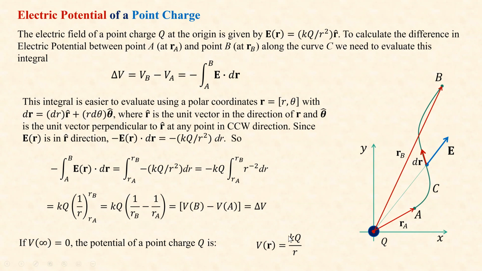And you see that for any point, V at any point R is KQ over R. It means that it only depends on the distance, and it has a magnitude of KQ over R. All right? So this is the electric potential of a point charge.